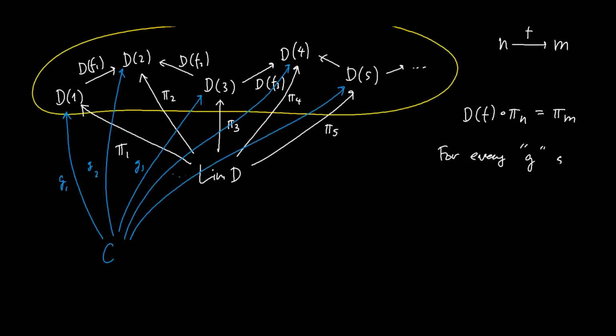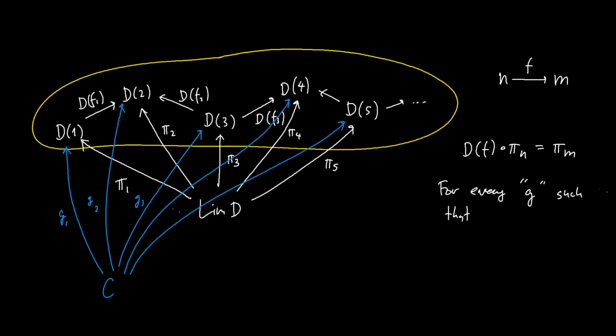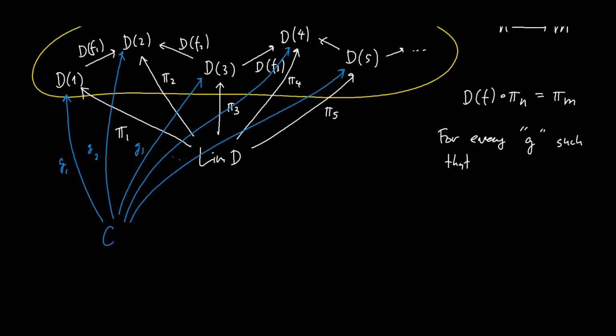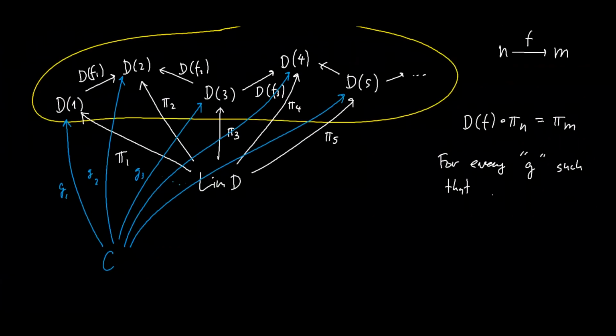So for every G, a requirement similar to this must hold. In other words, df composed with gn equals gm, once f is an arrow from n to m.